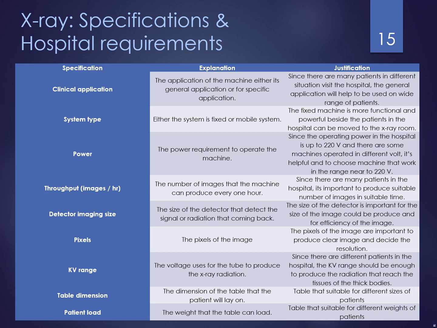Table dimensions, the dimension of the table that the patient will lie on, and it's better to have a convenient table size to cover different sizes of patients. Patient load, the weight that the table can load. Also, it is better to have a table that could load high-weight patients.